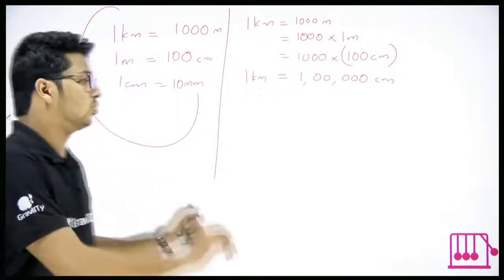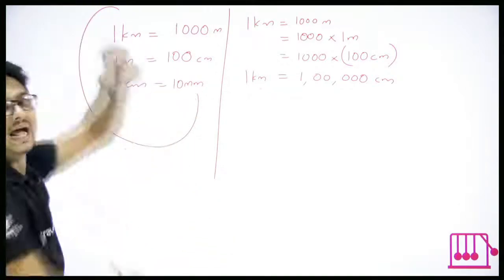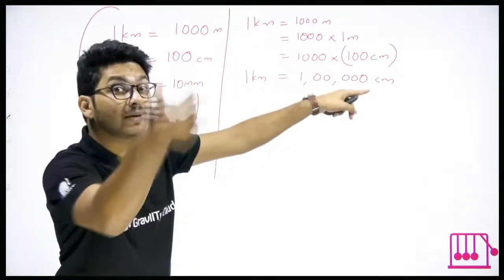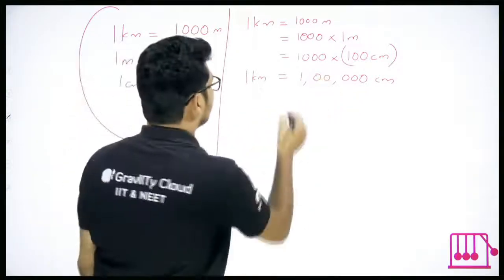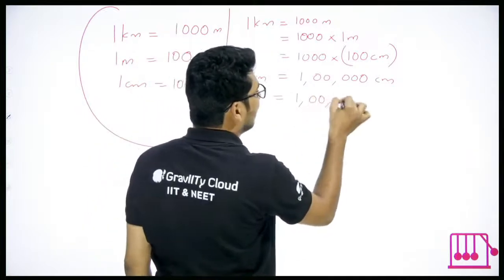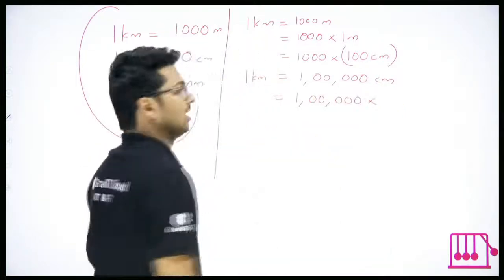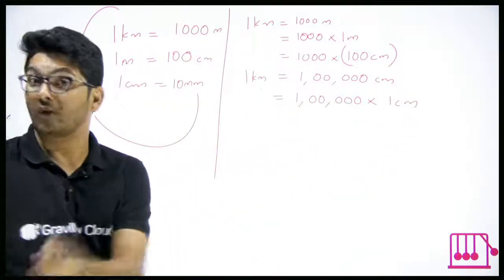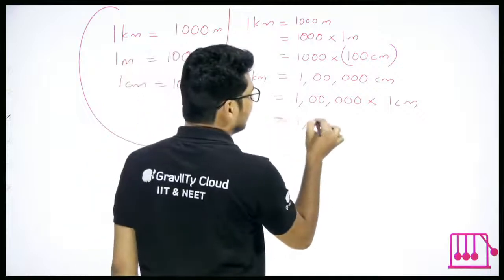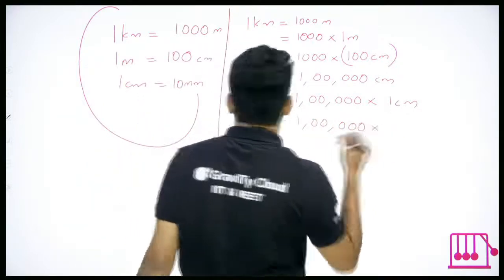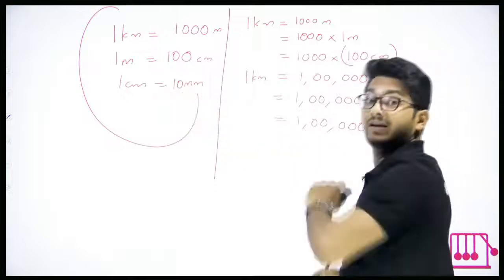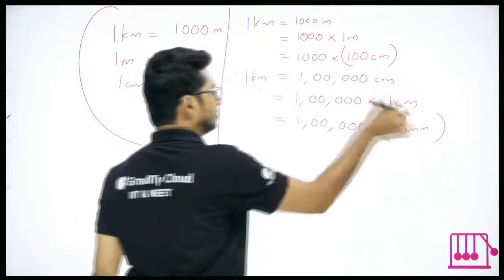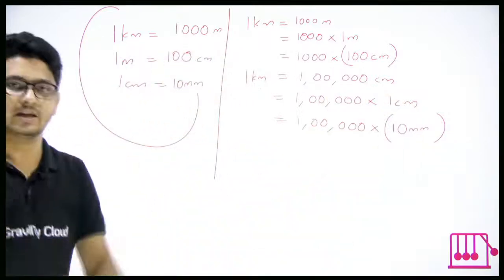But our target is to get the relation between kilometer and millimeter. So next step, convert centimeters into millimeter. That is going to be 1 lakh into 1 centimeter. 1 lakh into 1 is equal to 1 lakh. Then what is 1 centimeter? 1 centimeter is equal to 10 millimeter. In place of 1 centimeter, I'm using 10 millimeter.